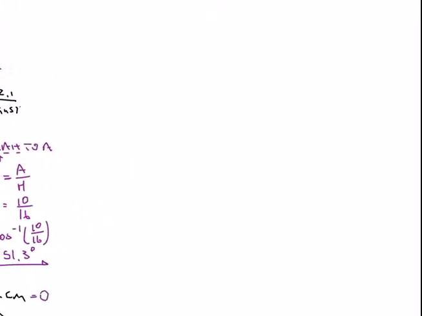Let's continue. I think I did all that I wanted to do with regards to the finding of the sides and the finding of an angle. So now let's come to what we call angles of elevation and angles of depression.